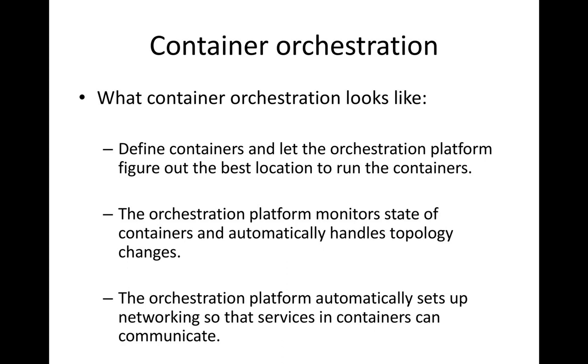The orchestration platform is going to automatically set up the networking layer for you to enable that. And of course, it may need to dynamically change network configuration settings as topology changes occur within the environment, or as new services are introduced.